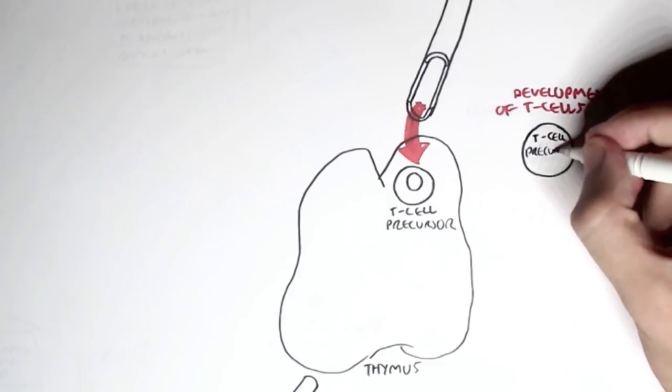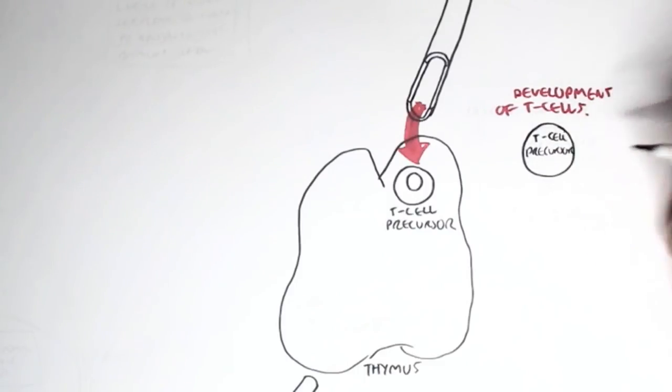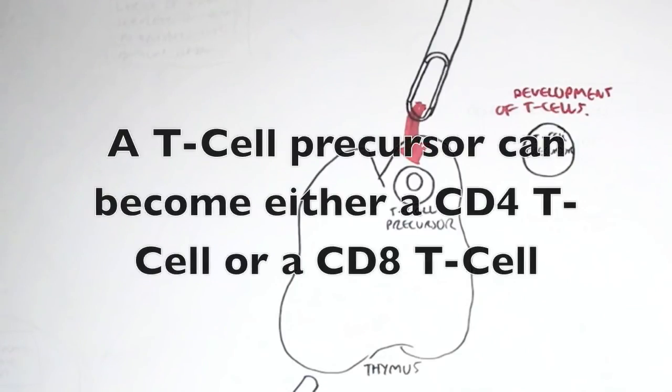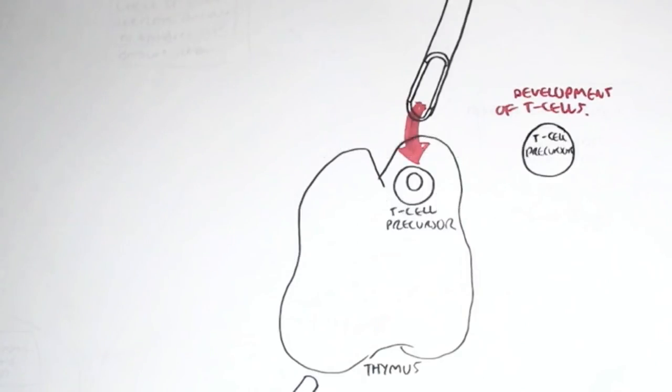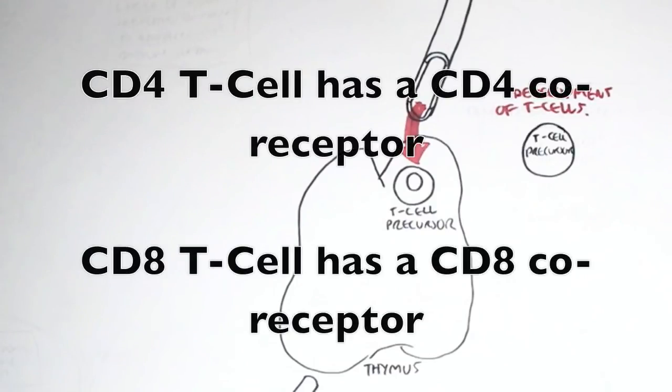So we start off with the T cell precursor. The T cell precursor expresses no sign of being an actual T cell. A T cell precursor in the thymus will become either a CD8 T cell or a CD4 T cell. A CD8 and CD4 basically means the type of receptor it will have or it will express.